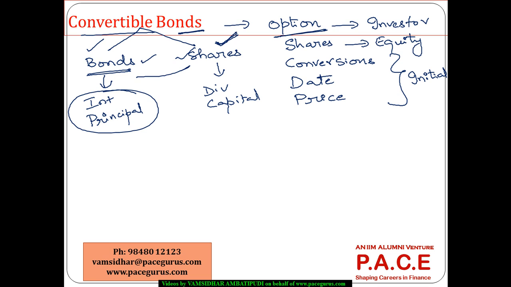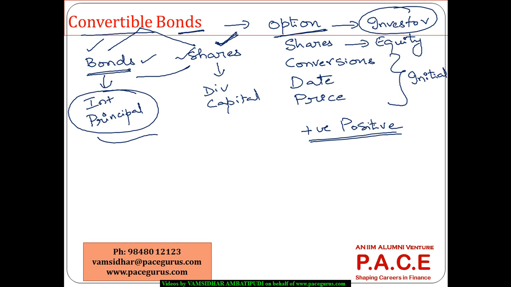And at any point in time, the option of conversion typically lies with the investor, not with the company. So it's a kind of bonus, a kind of positive value that the investor is getting to exercise that particular option.